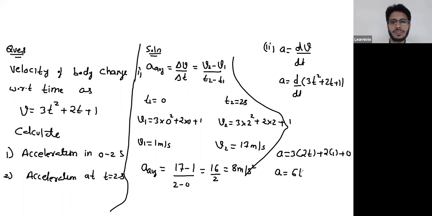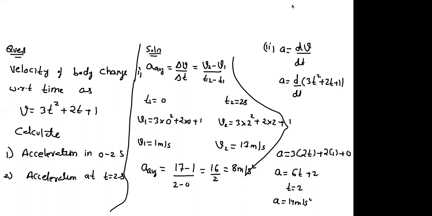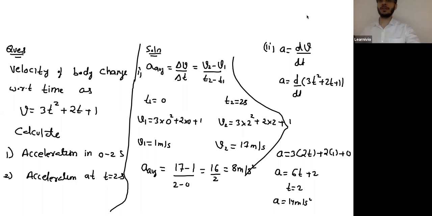So your acceleration is 12t plus 2; just put t equal to 2 here. So acceleration is 14 meter per second square. Is it clear? So all were correct. Yes, sir. Done.